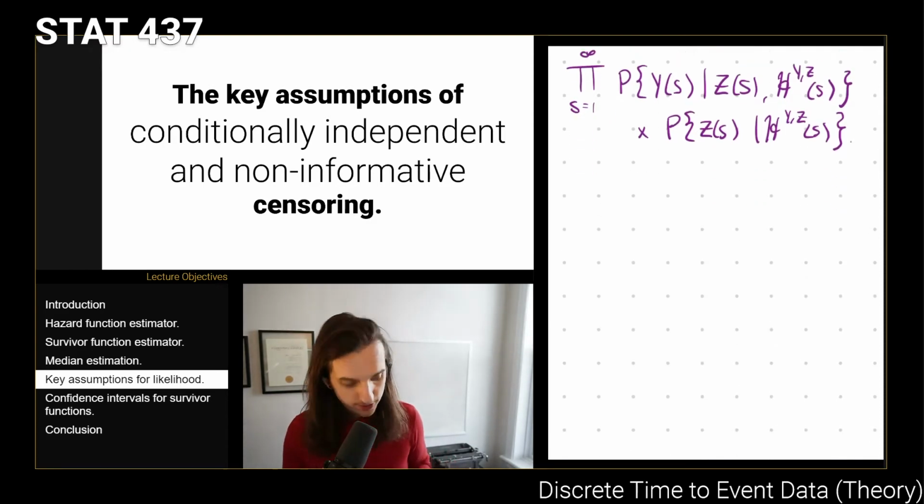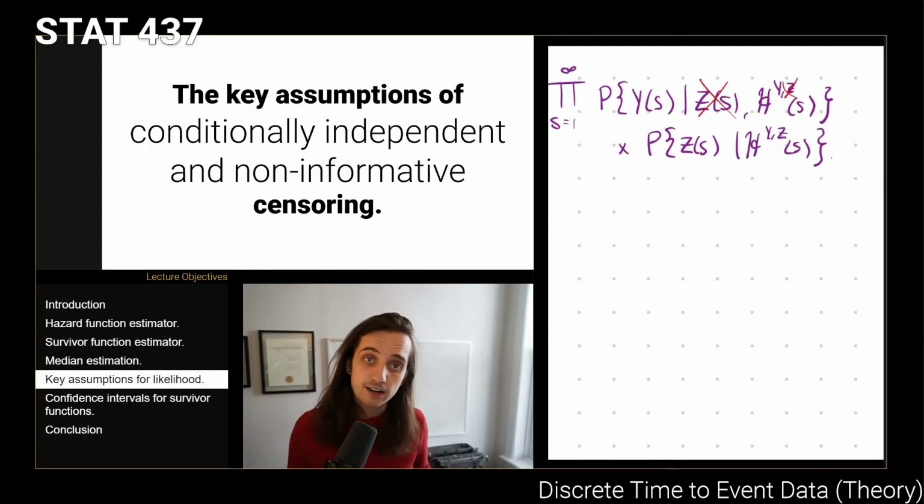And the two ways that we want to try and simplify this are shown based on these two terms, right? So in this first term, what we don't like is that we have to condition on the censoring process. And what we don't like is that we have to condition on the history of being censored. And so what we say is, well, what if there's conditionally independent censoring?